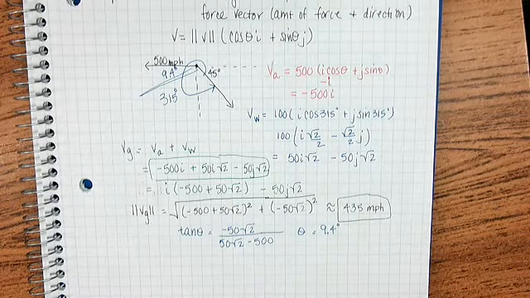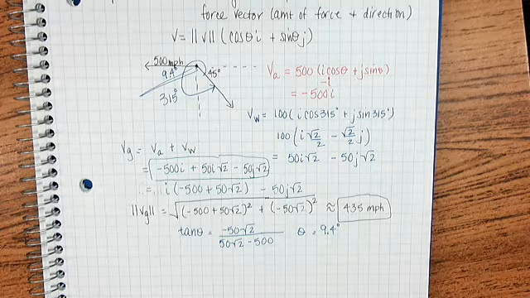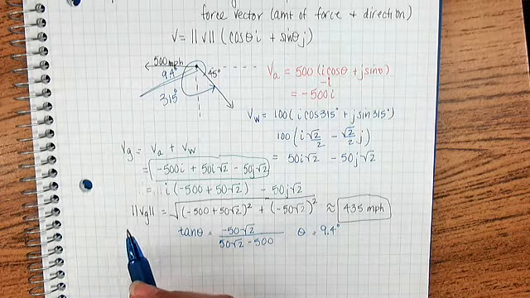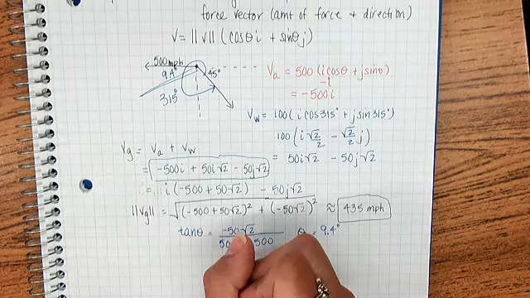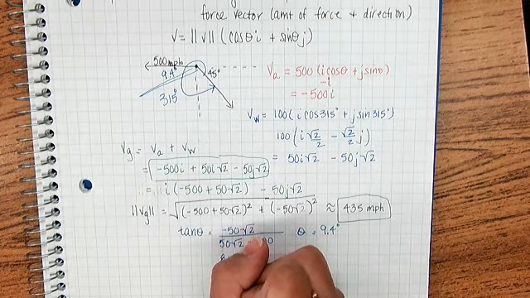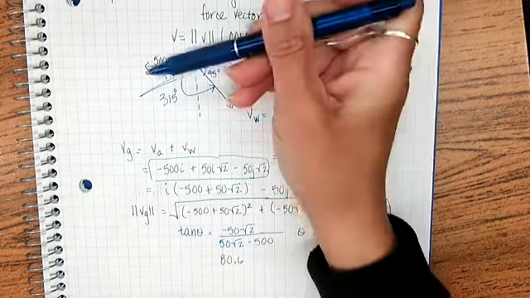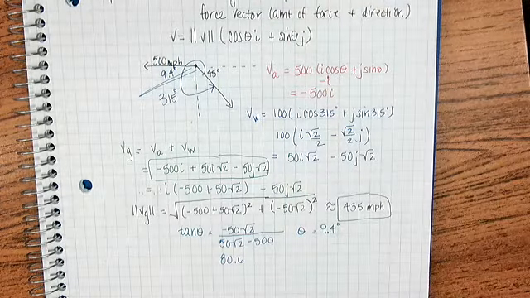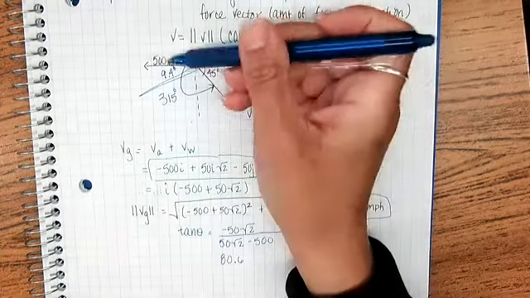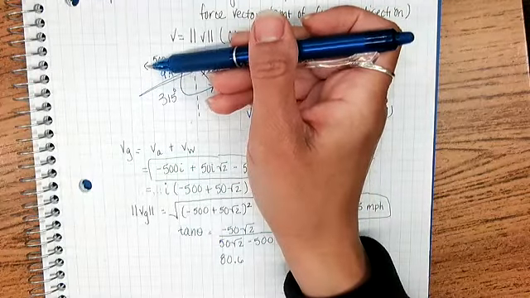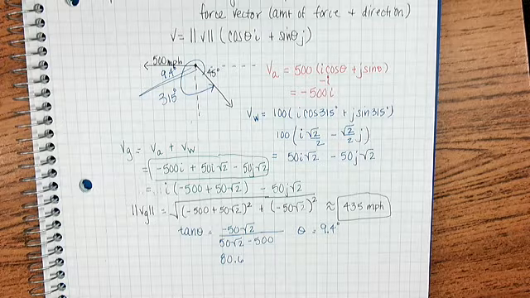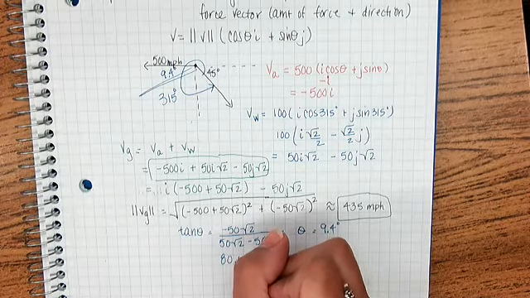So there's several ways that you can write that. This ends up being 80.6 degrees. So you're headed south of west. Okay, so here's west and you're going south from the westerly direction, and that is going to be 80.6 degrees.